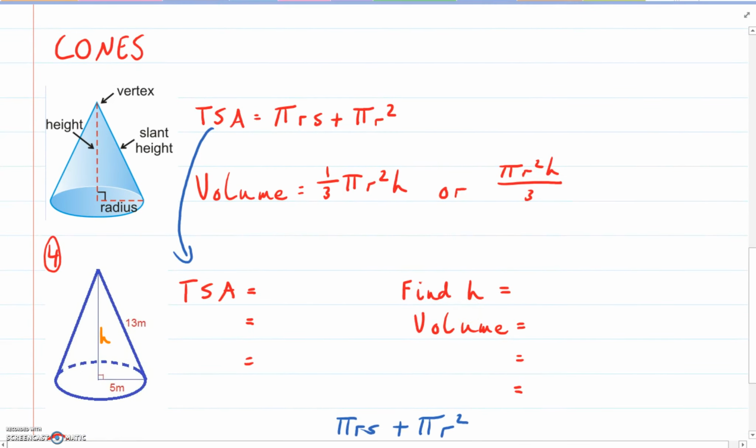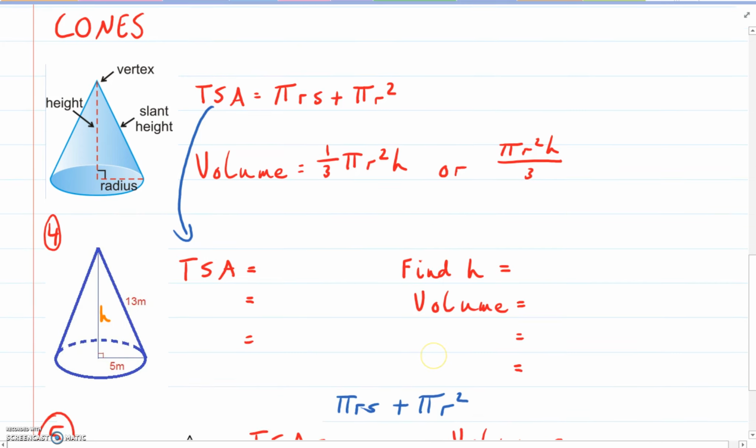Let's look at cones, same kind of thing, just putting values into these different pronumerals. So total surface area for this first shape is pi times the radius, which is 5, times the slant height, which is 13, plus pi 5 squared.